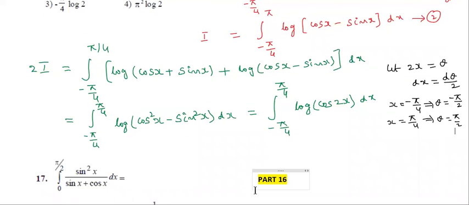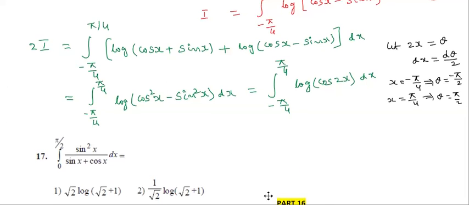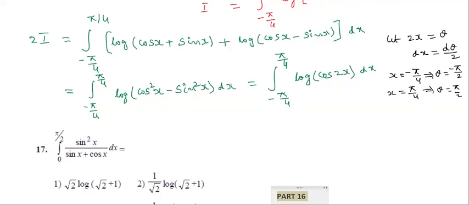Now, what happened? See, integration minus pi by 2 to pi by 2 logarithm of cos theta into d theta by 2.